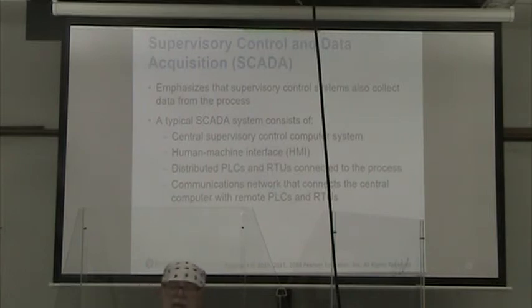So the system consists of a central supervisory control computer system, a human-machine interface, or HMI, distributed PLCs and RTUs connected to the process, and communications networks, a network that connects the central computer with those remote programmable logic controllers and the remote terminal units.